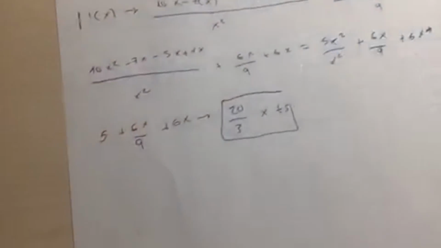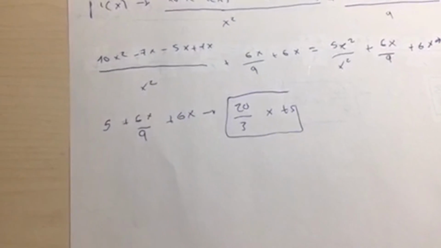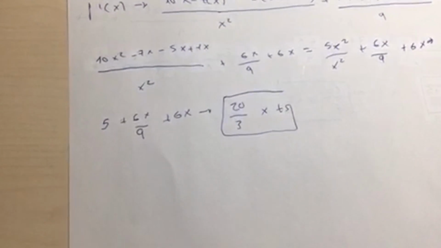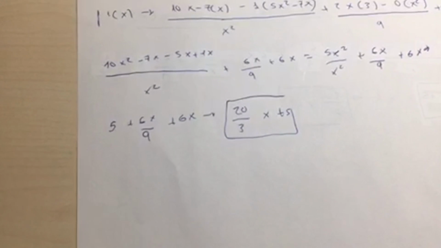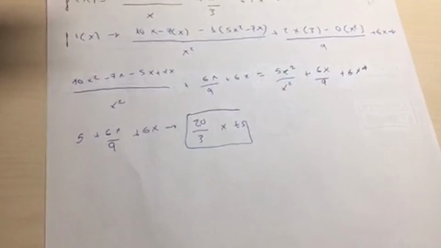There we will have our first derivative, and we have to solve till the fourth derivative, and then we will plot each derivative into the graph, and that's it. We have here our Taylor polynomial.